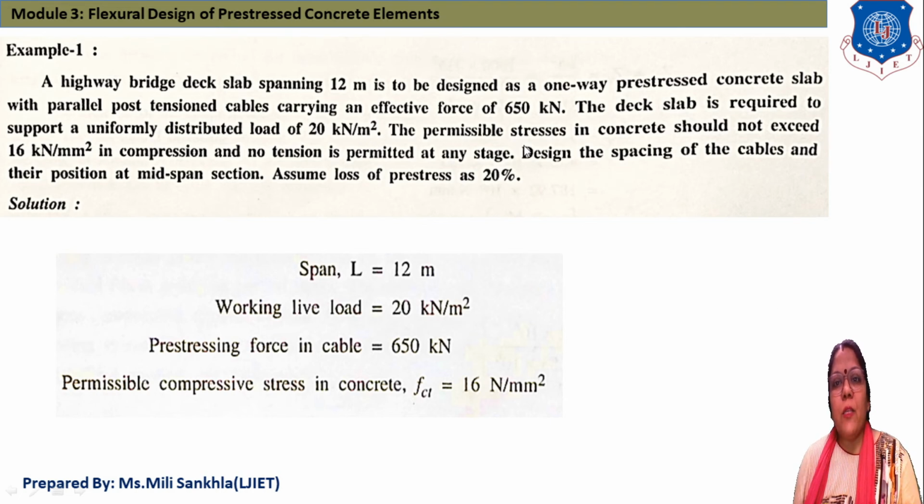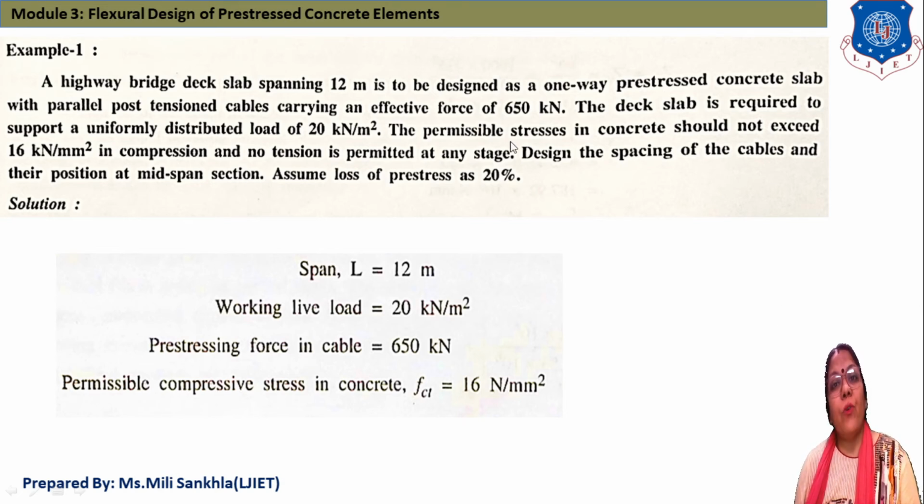The permissible stress in concrete should not exceed 16 Newton per mm square in compression, and no tension is permitted at any stage, that means all tensile stresses are 0 here. Design the spacing of cable and position at mid-span section, with a loss of prestress of 20%.